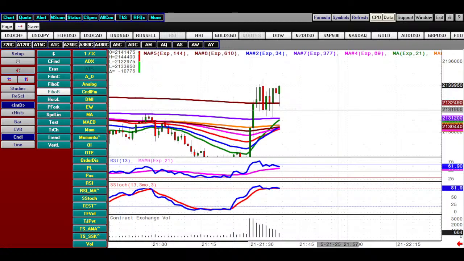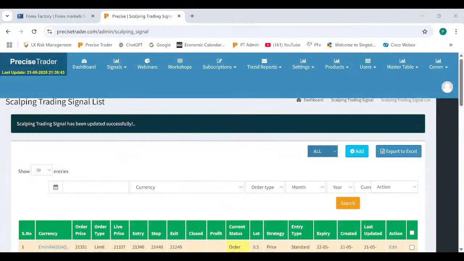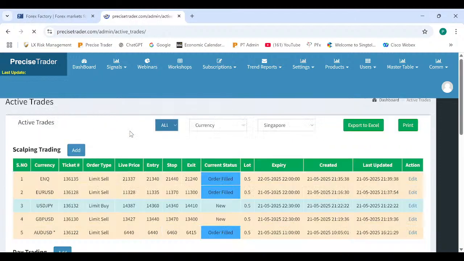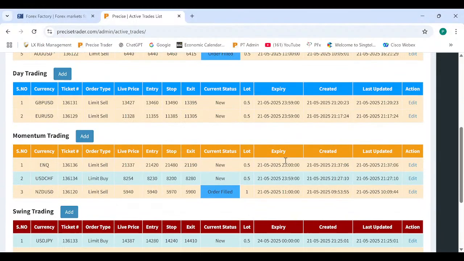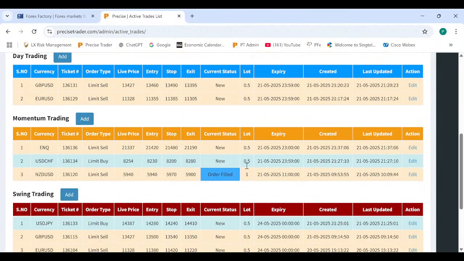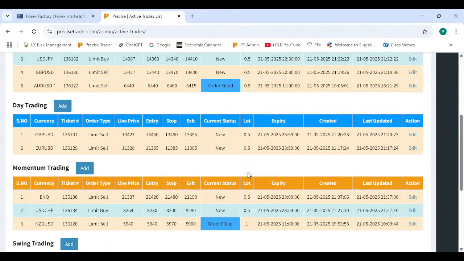Okay, I think this is more than good enough for us to be busy with. So I repeat: Nasdaq we shorted 340, euro shorted 335, Aussie 640, then New Zealand 5940, then gold.